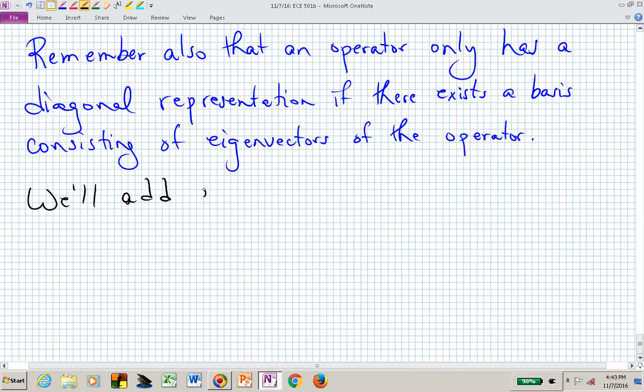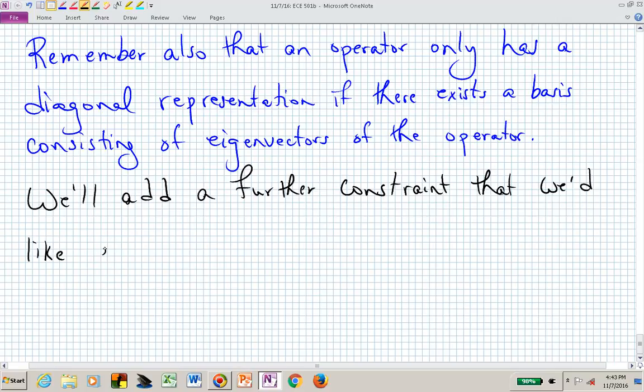We'll add a further constraint that we'd like not only a normalized but an orthonormal basis.